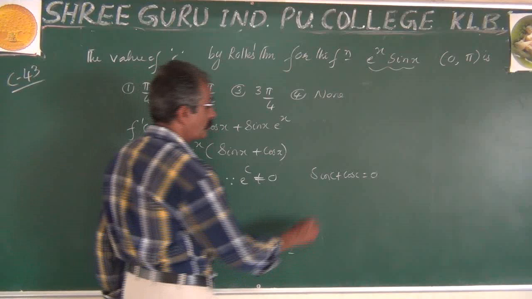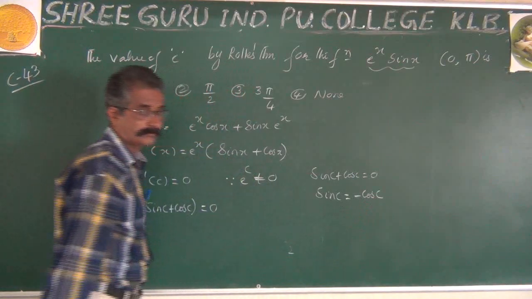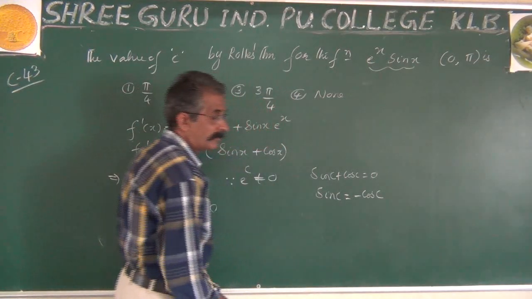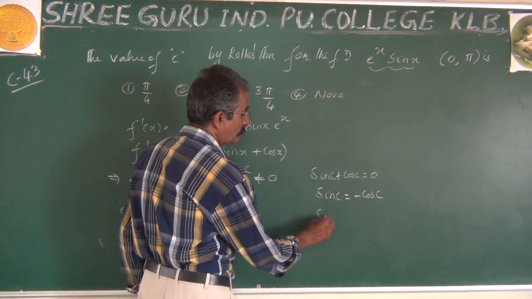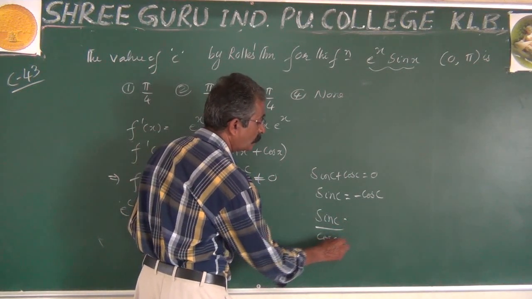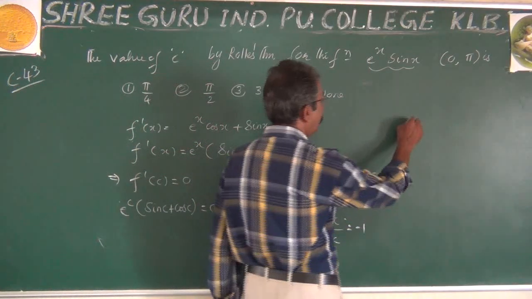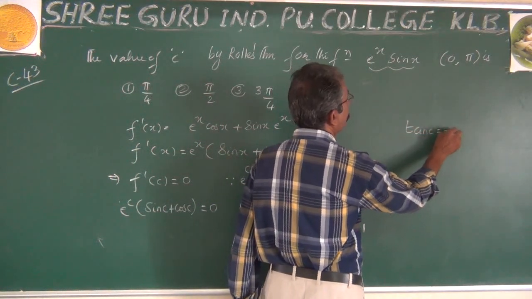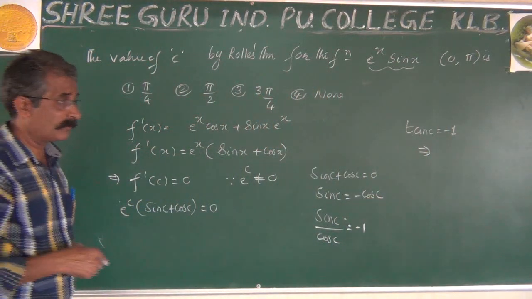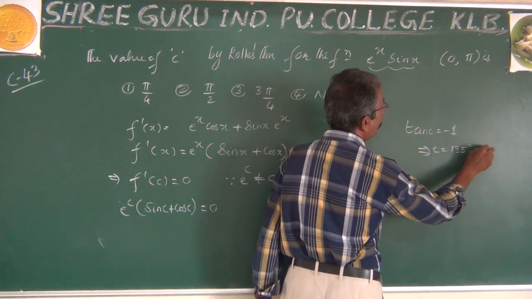Sin c plus cos c equal to 0 implies sin c equal to minus cos c, or sin c divided by cos c equal to minus 1. Sin c by cos c is tan c equal to minus 1. So c, the angle, must belong to the second quadrant, 135 degrees, c equal to 135 degrees, means 3 pi by 4 radians.